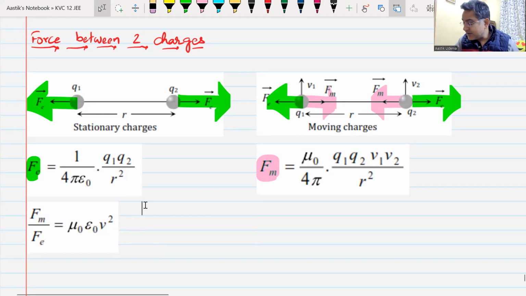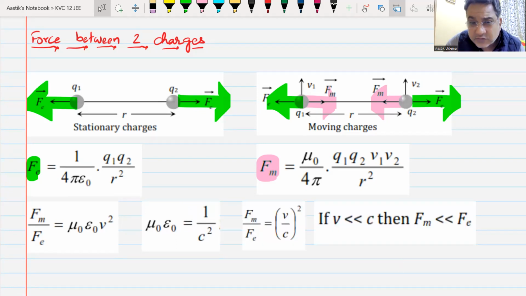Now you have to remember that mu naught into epsilon naught is 1 by C square, and therefore the ratio of the magnetic force and the electric force is V by C whole square, where V is the speed of the charges and C is the speed of light. The speed of light is very large, and therefore the magnetic force between two moving charges will be very small compared to the electrostatic force.